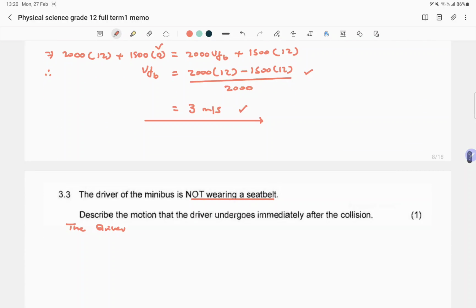So the driver will be pushed forward to the windscreen.